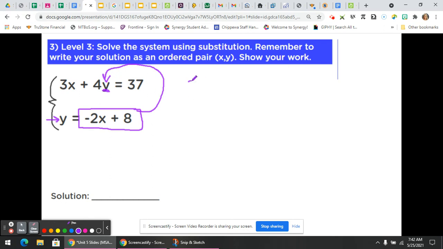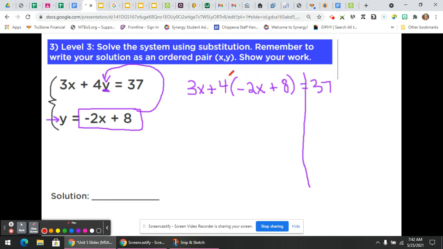So let's go ahead and write this out. I've got 3 times x plus 4 times y. Now, instead of the y, again, I'm going to use my parentheses. I've got negative 2x plus 8. So all of that, instead of y, is equal to 37. Now this is a level 3, so we do have a bit more work to do. I'm going to walk you through the beginning steps and have you finish this on your own.